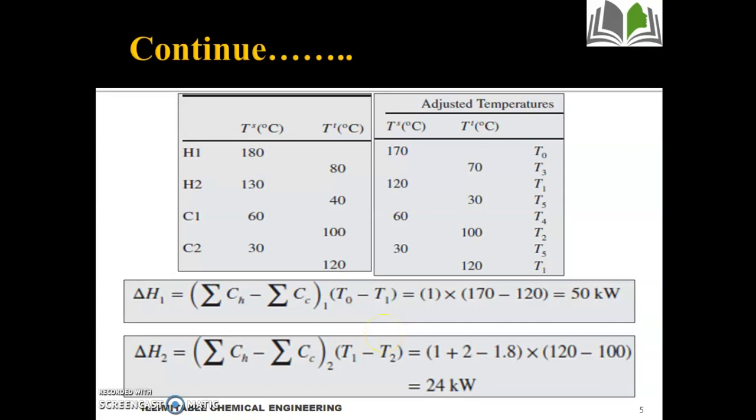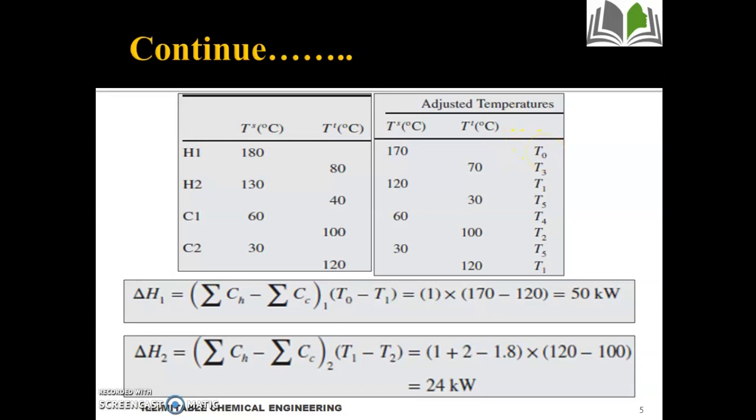Now what will be our second step? The second general step is to decide the intervals. How will we decide the intervals? In decreasing order of temperature we write the intervals. Here 170 is our first temperature, T0.